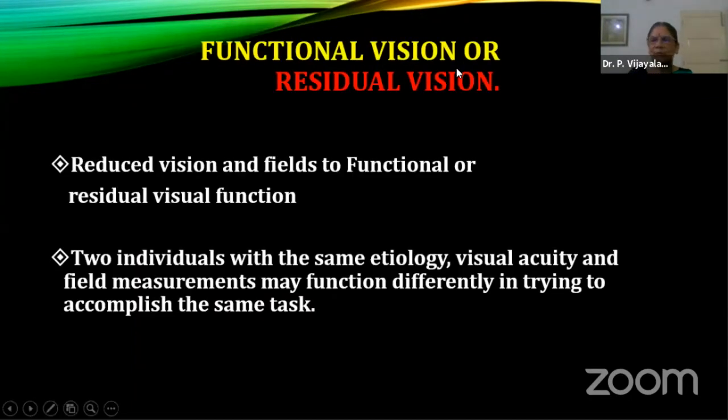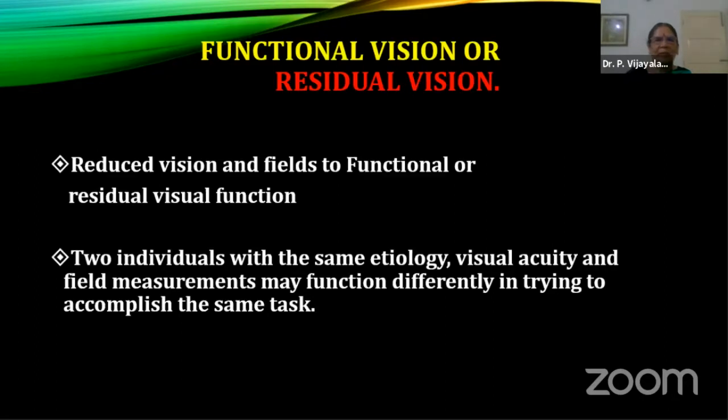But now we have moved on to the fact that vision is not only reduced acuity or the visual fields, but we are recognizing the functional, or residual, visual function the patient has. That is a further advantage for us in looking into this problem of functional vision.